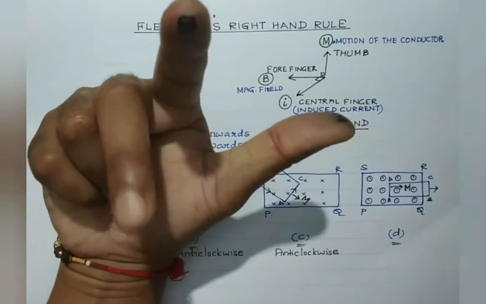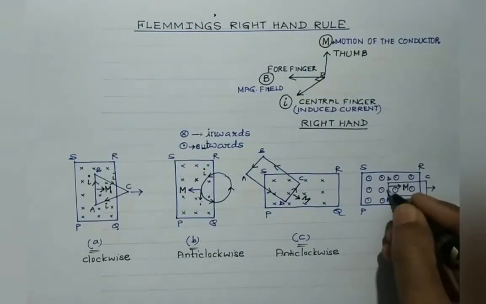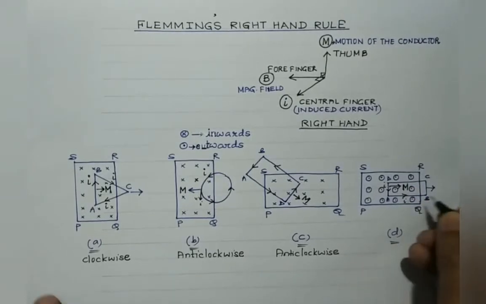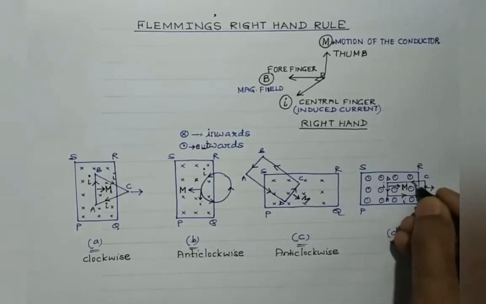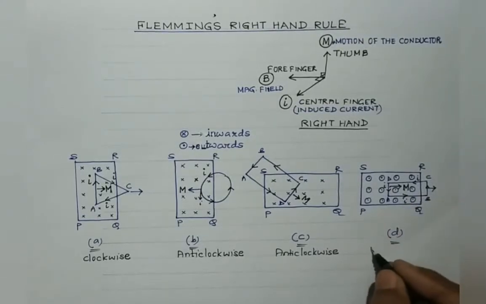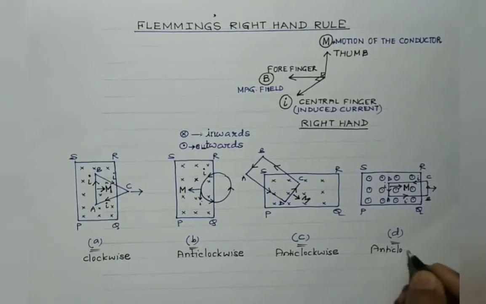Right, students? So it will be from D to A in case D. So this is it. So in this case also, the direction of the induced current in the loop is anti-clockwise.